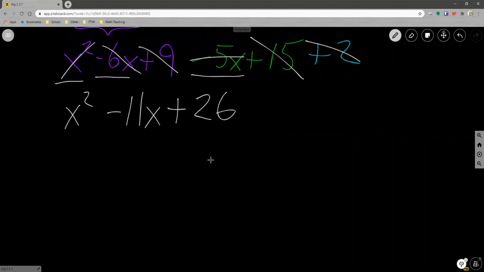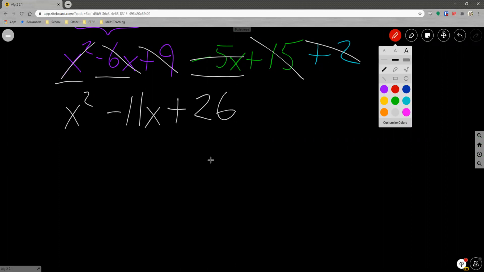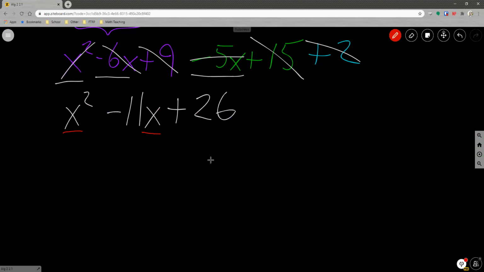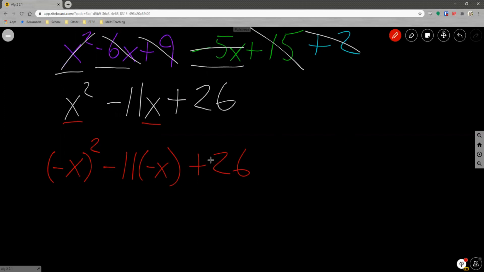And I'm multiplying all my input values by a negative sign. So all my x's are going to be multiplied by a negative sign. So what that ends up giving me is negative x. I take whatever x is, I turn it negative before I square it, minus 11 times negative x, and then plus 26. Again, I evaluate.